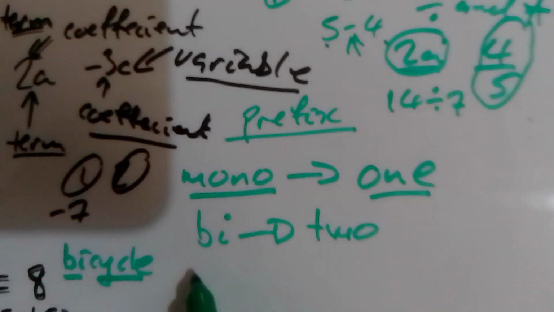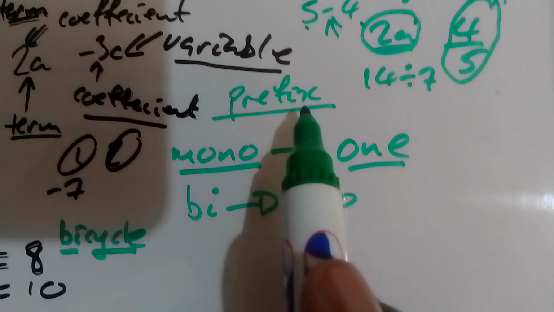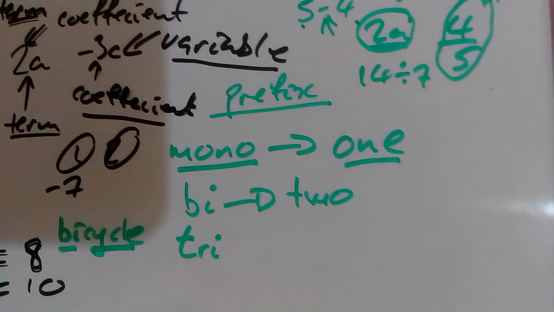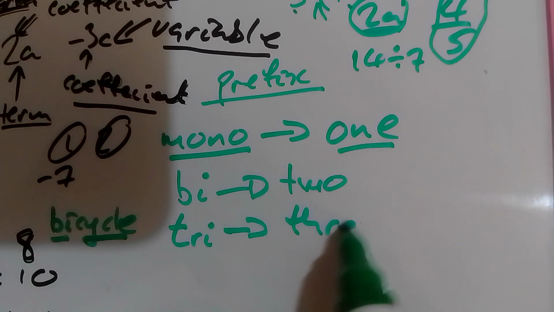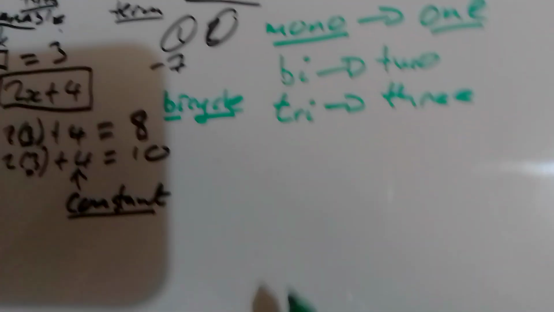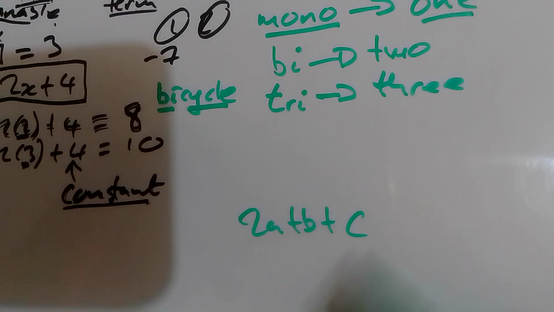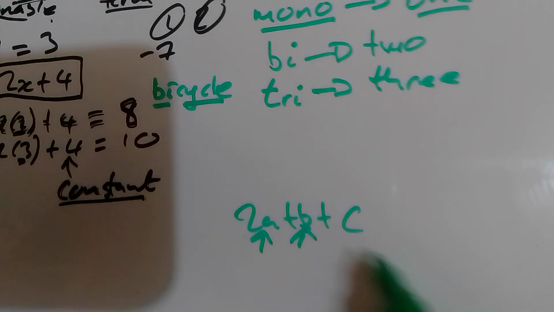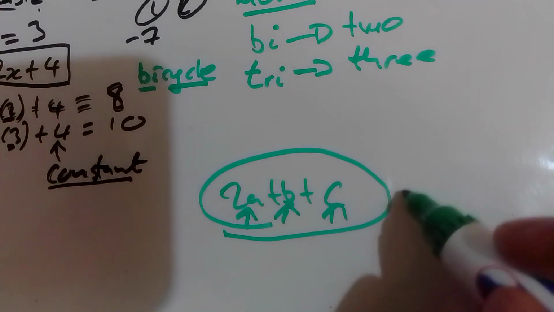Now we go to the last one, which is called a trinomial, but we are interested in the prefix of the word trinomial. Tri, T-R-I, right? Tri means what? Tri means 3. So in this case, I'm going to give you another example. If I say to you 2a plus b plus c like this, this is term 1, this is term 2, and this is term number 3. This is what is known as a trinomial.